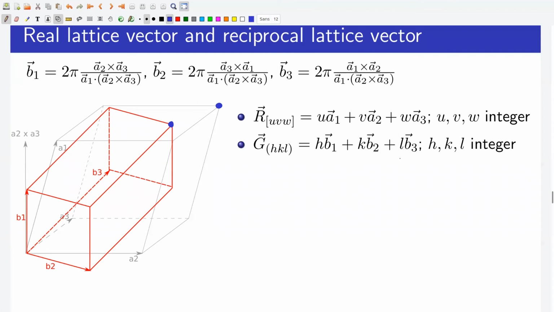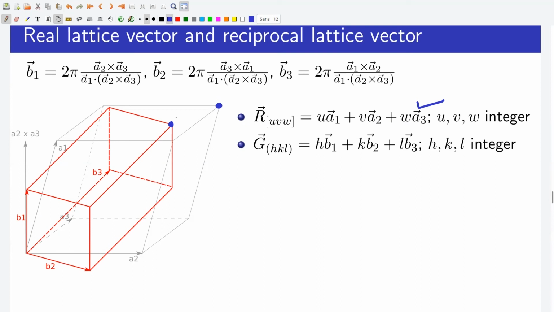So far, we have defined the basis vectors of the real lattice given by A1, A2, A3, and the basis vectors of the reciprocal lattice given by B1, B2, and B3. Now, a general vector in real space can be expressed in this form: R_uvw is equal to u times A1 plus v times A2 plus w times A3. For example, take this point.